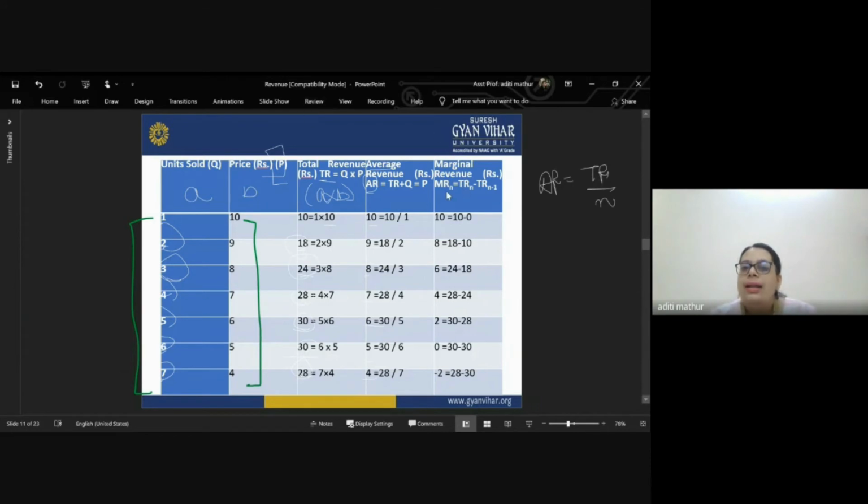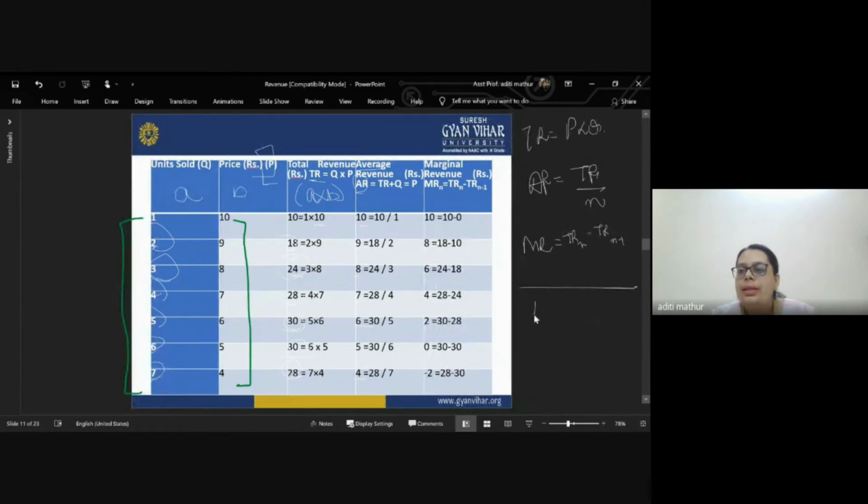Now let us calculate your MR, which is equal to TR n minus TR n minus 1. Let me write the total revenue formula also, which is P into Q, and the point that AR is equal to price. So over here we have calculated 10 minus 0, which is 10.